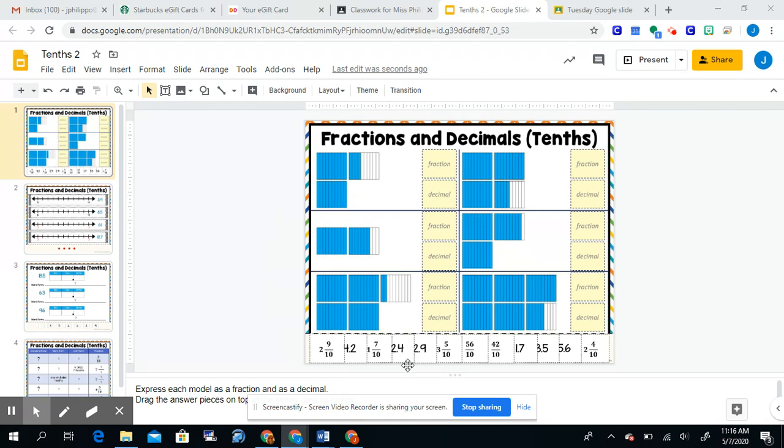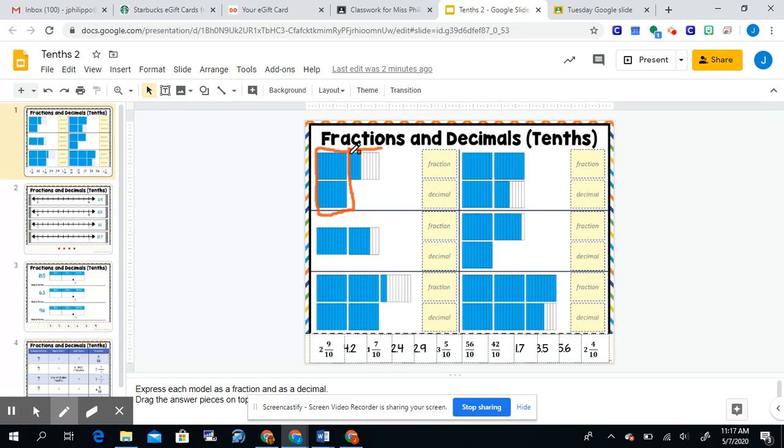So let's look at these problems right here. I'm going to do the first one. If you look at this one, I see that I have two full things shaded in, so I know I'm talking about two whole numbers. I see down here two whole numbers, two, two. Now let's look at the last part of the fraction.